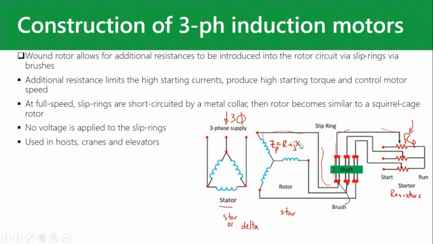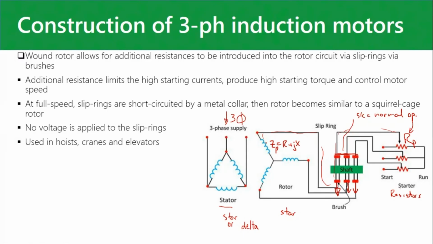So once you're up to full speed, this thing's got a collar on it which lifts the brushes. So it'll lift these brushes off the slip rings. And then what happens is it also short circuits this. Okay. So this short circuiting here equals normal operation. Once it's started up, you don't want these resistors in the circuit all the time.